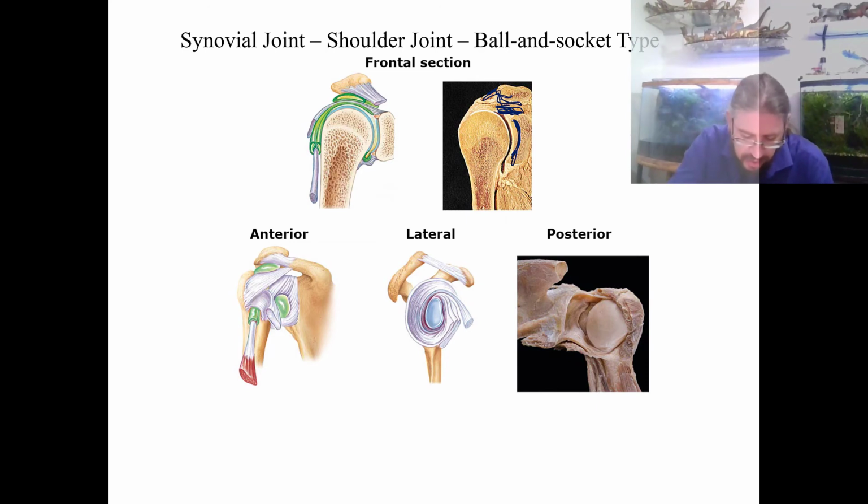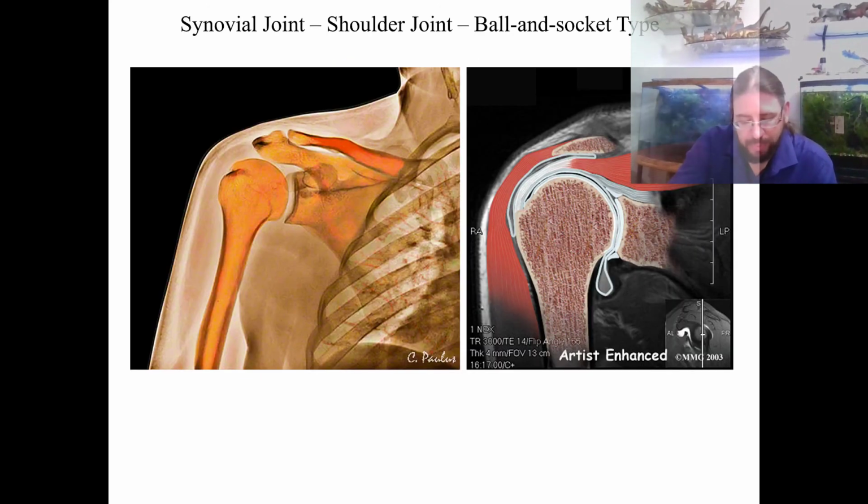So there you go. Not too terrible. So glenoid fossa, and then the head of the humerus. Once again, more pictures. Ta-da! Here's a picture that has false coloring and contrast to illustrate the muscles involved.